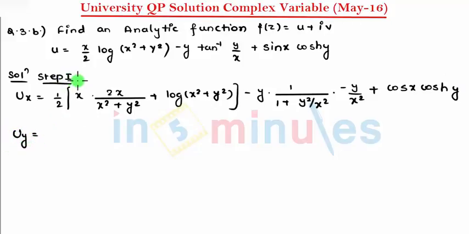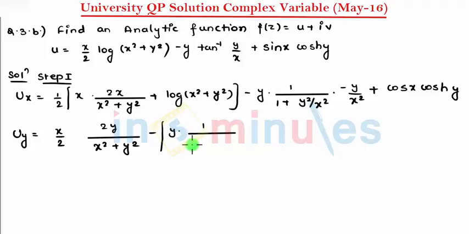When we do uy, that comes to be x by 2 acting as a constant, and differentiation of this will be 2y divided by x square plus y square. Then here, with respect to y I need to do, so that means I need to again apply the u into v rule. So I say y, and differentiation of this will be 1 divided by 1 plus y square divided by x square, and differentiation of y by x with respect to y is 1 by x.